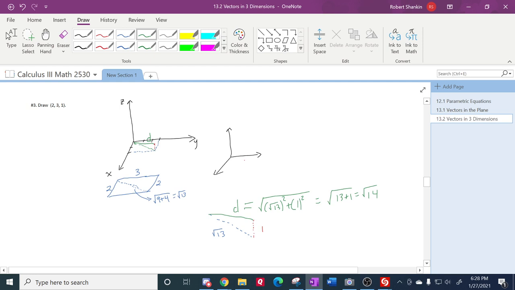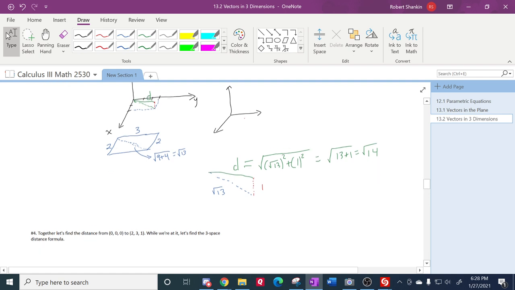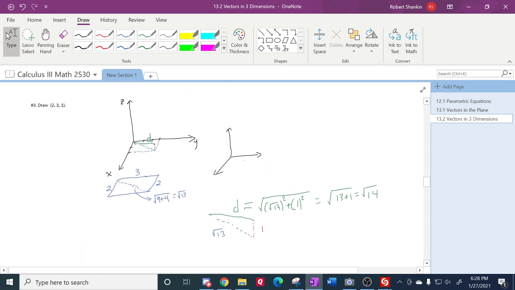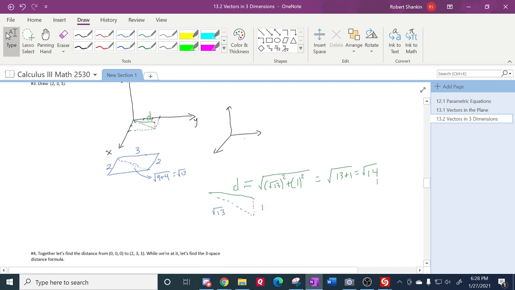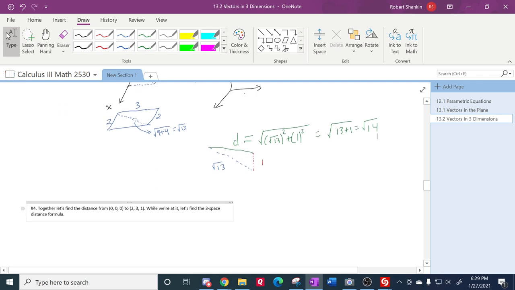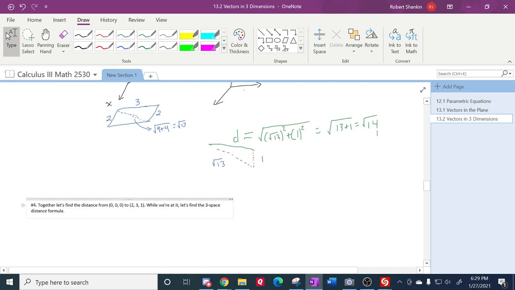So I'm going to give you a challenge if you want to. You can just take a 15-minute break and just watch me come up with the generalized distance formula in 3-space. But if you feel like you want the challenge, you say, all right, what does square root of 14 have to do with this point 0, 0, 0, and what's the general 3-space distance formula?